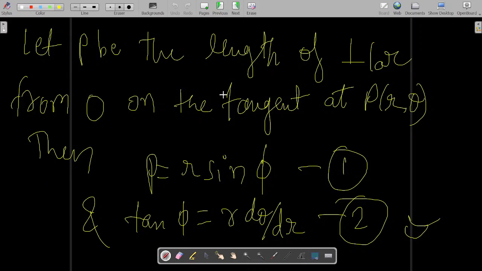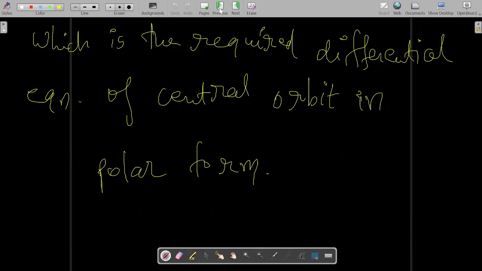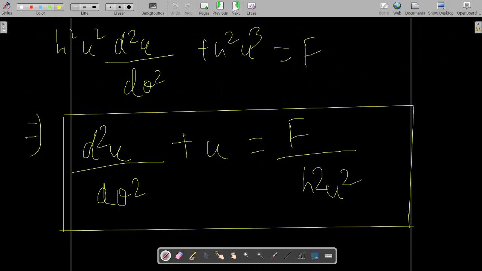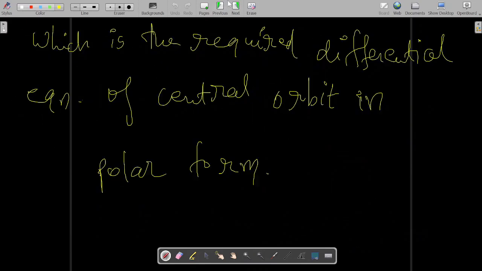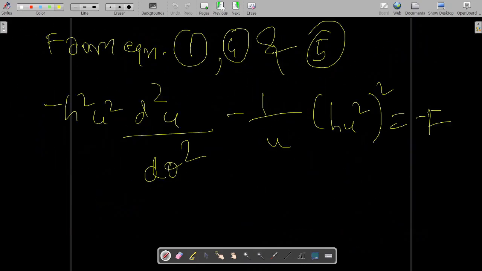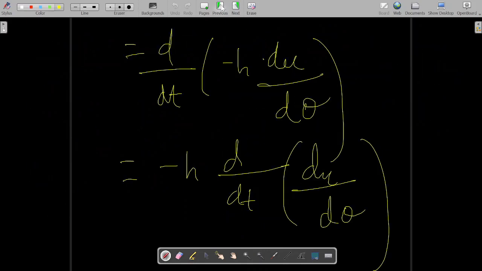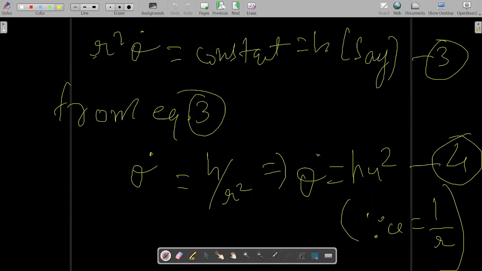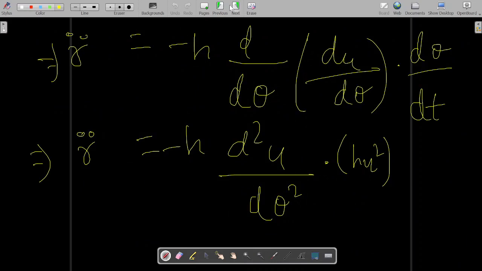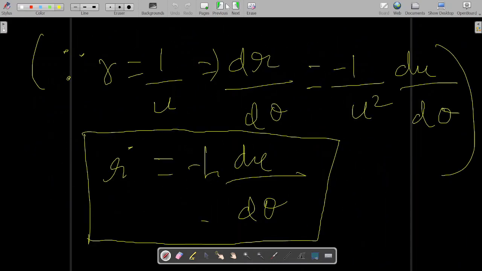Now from equation 1, what will we do? We need the equation in pedal form. How does the pedal form equation look? We have to derive the pedal form.